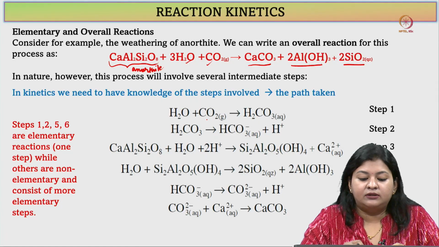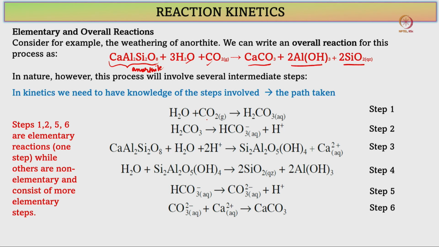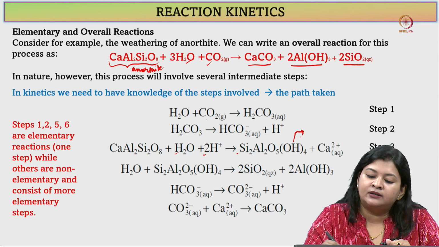Now, this anorthite will react with water and, in the presence of hydrogen ions, it will form Si2Al2O5(OH)4, which is actually another mineral called kaolinite.